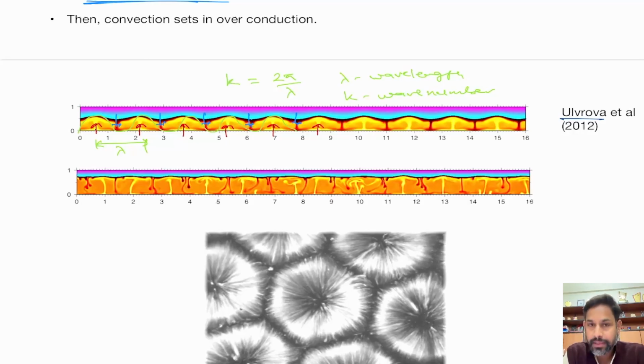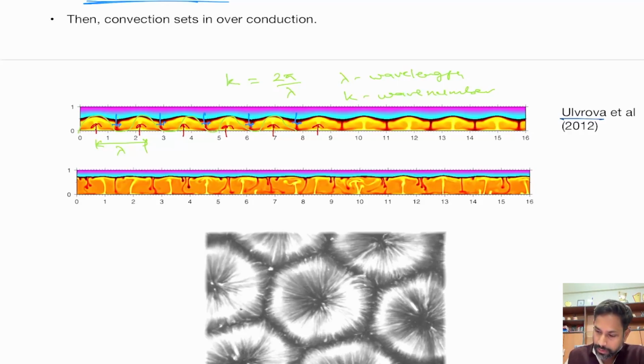So a similar kind of thing also happens in the case of thermal instability. So when convection begins, it begins in a fixed, particular pattern, where you will have this hot fluid rising up, and just beside it cold fluid from the top will be coming down, and that is why it looks like a wave with crest and trough, and that's why we can define wavelength, wave number, etc.